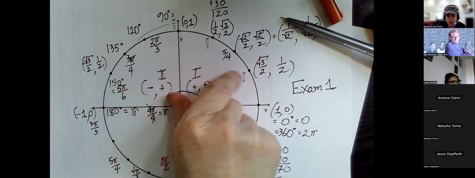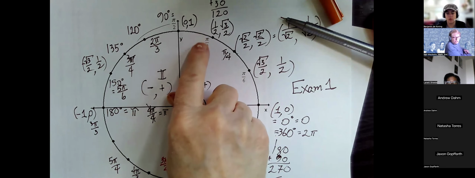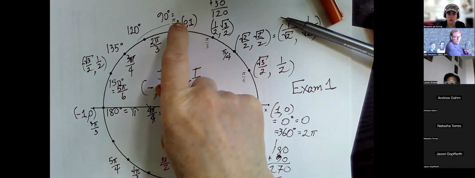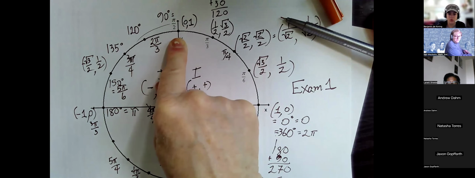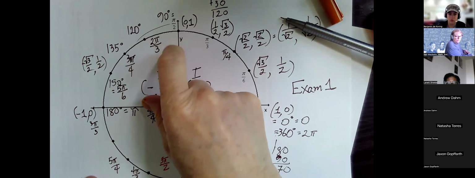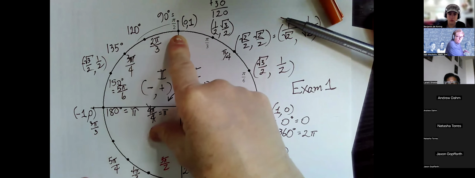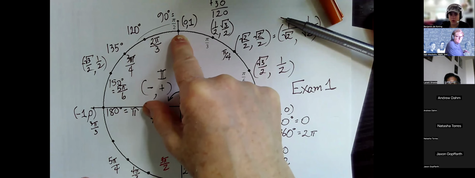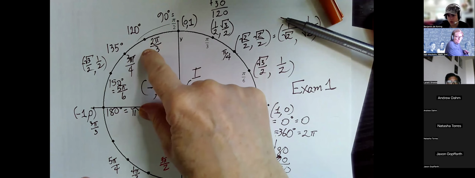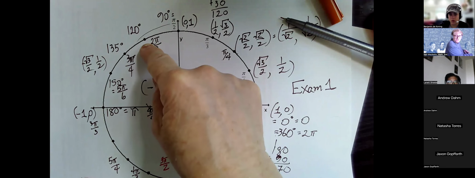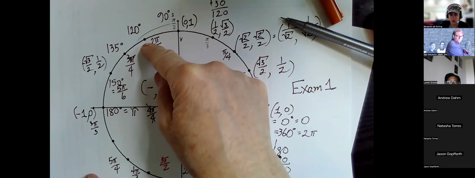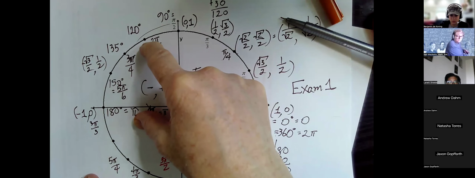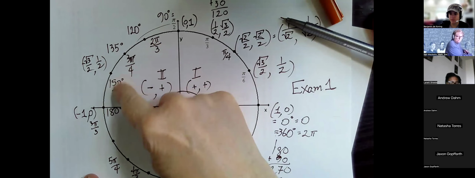Sorry. So 1 pi over 6, 2 pi over 6, 3 pi over 6. And where is 4 pi over 6? At 120. Good. And where is 5 pi over 6? 150. Yes.